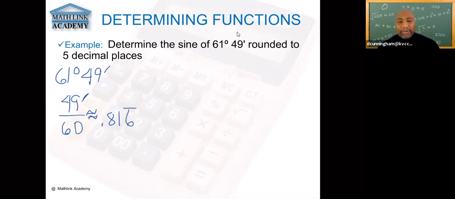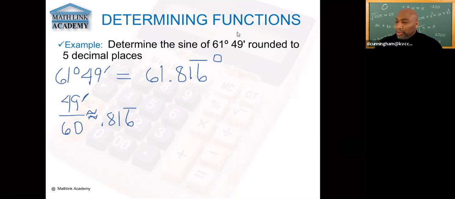Now, some of your calculators may go 6667. Actually, the calculator rounds up, but it's really a continuous 6 repeating. So how do I write this as a decimal degree? This would be 61.816, where 6 is repeating. And so those two are equal, and you're going to use this degree in your calculator.